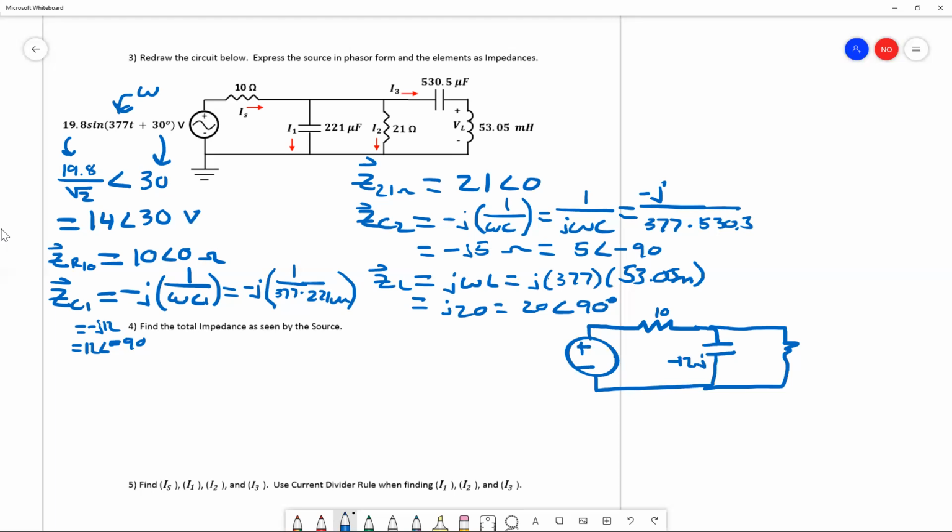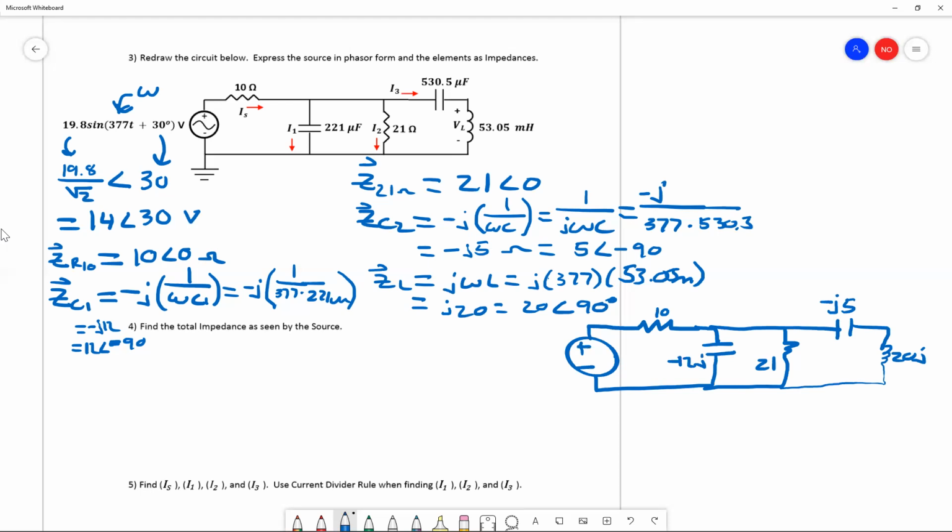Another resistor, which is at 21 still. And then we've got a capacitor here at negative J5 and an inductor, which is at 20J.